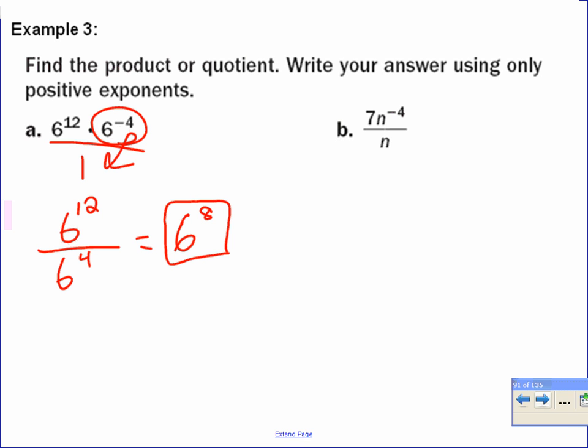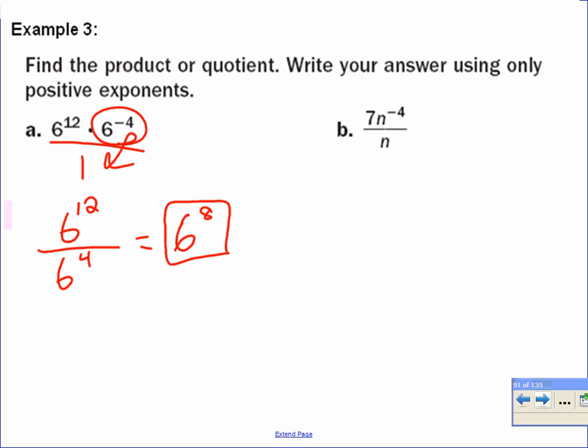Okay, go ahead, real quick. You could do that. So letter A, instead of moving the negative first, you could say, well, we're multiplying same base, add exponents. There's a lot of ways to do these problems.